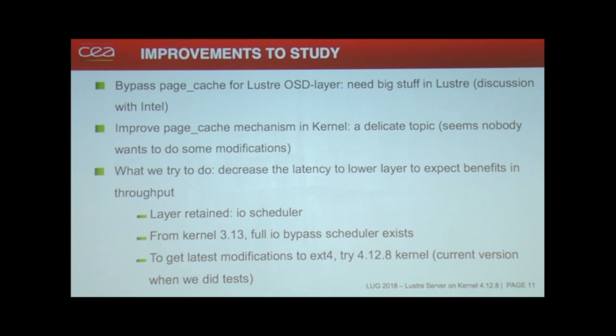But when we were running this test, the current kernel version was 4.12.8. So the reflection was, why don't we try this current version to see if there is some improvement with Lustre.